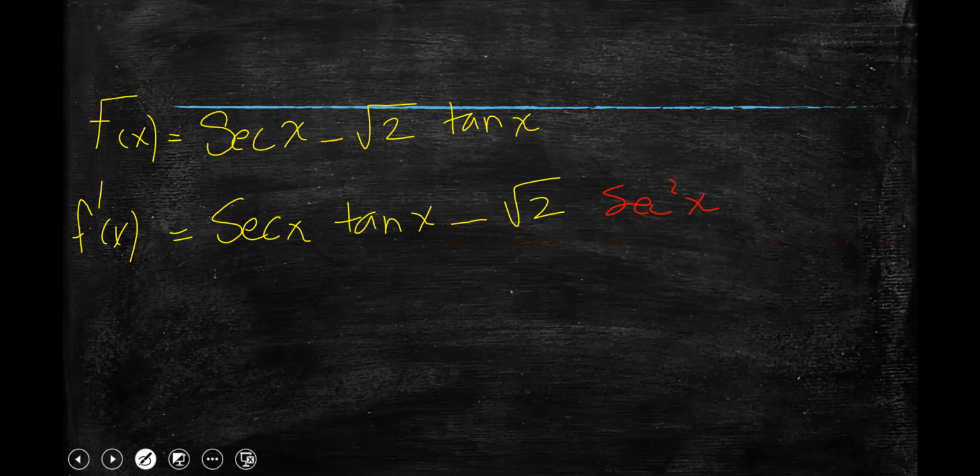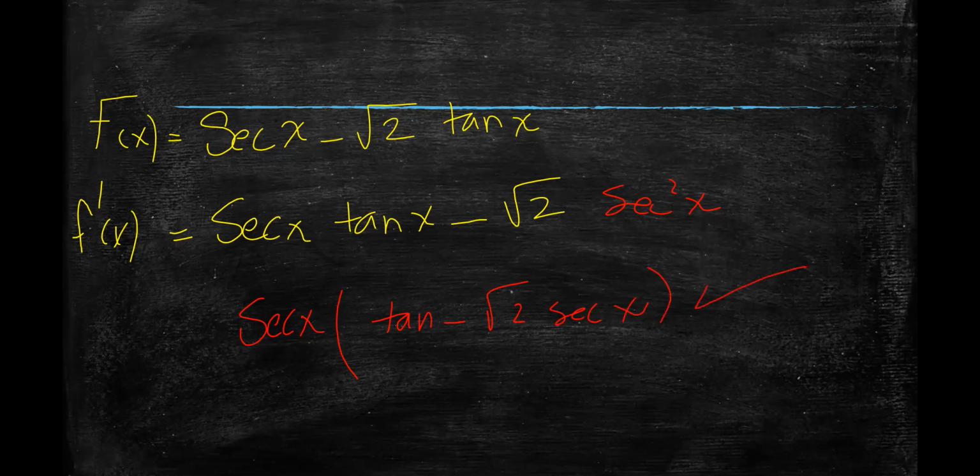Sometimes in the multiple choice questions, maybe I make it like this for you. And you have tan minus square root secant x as an example. So this choice will be correct too, and this one will be correct. And all of them will be written.